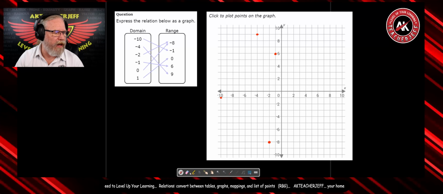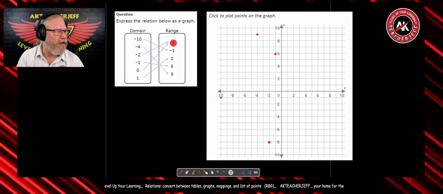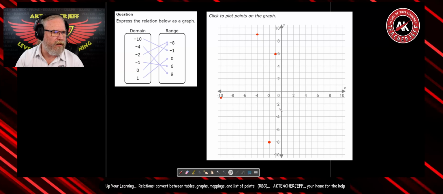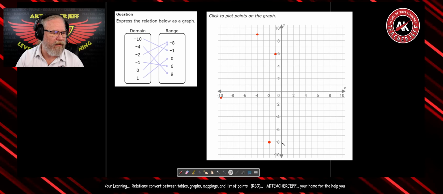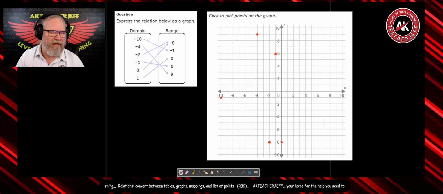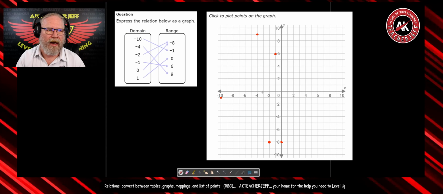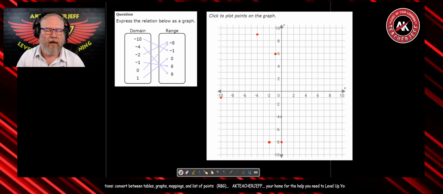And then we have 0, and it's mapped to -8. So let's go where x is 0, go down to -8, so it'd be right there on the y-axis. Anytime that your x value is equal to 0, your point is going to be someplace on the y-axis. If the x value is 0, it's on the y-axis.